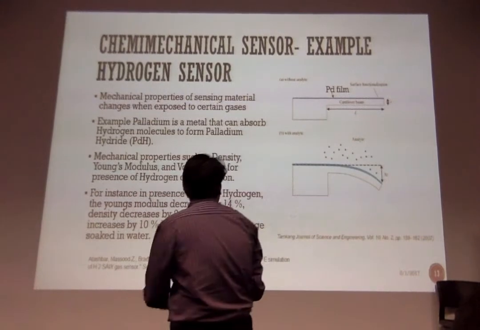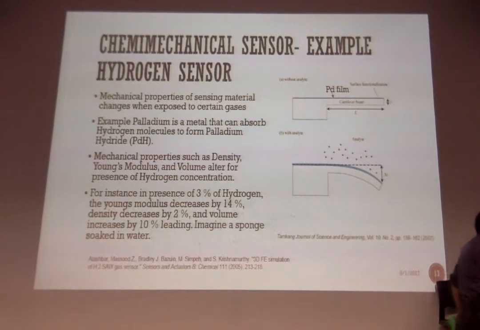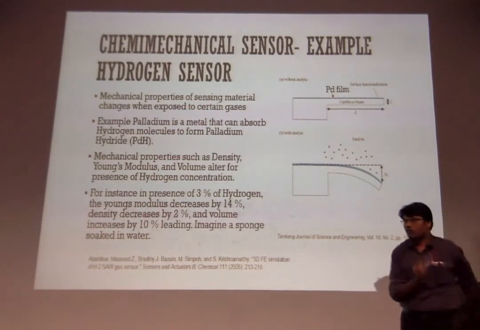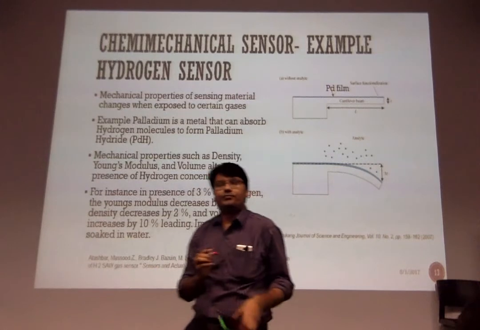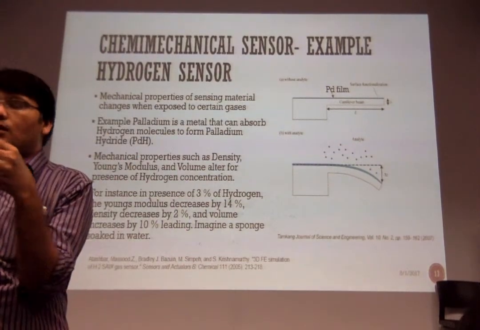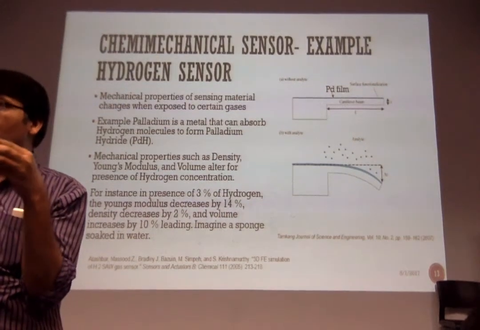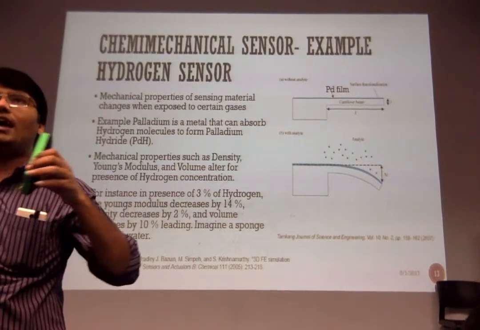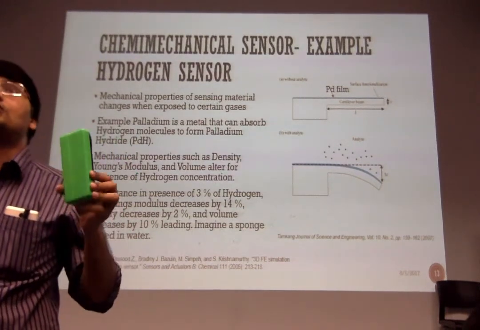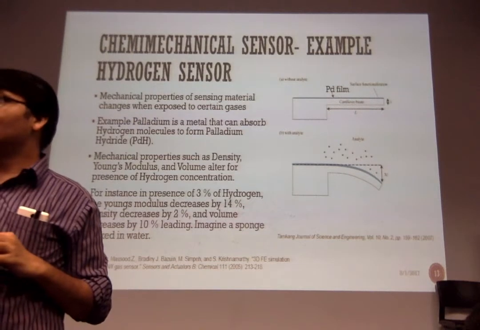So what have people done in chemi-mechanical sensors? They constructed a cantilever beam. A cantilever beam is a very simple structure. I told you last class itself. Cantilever beams we come across a lot in many engineering structures. One end is fixed. I told you every object in this world will have its fundamental frequency. Did I tell you last class?